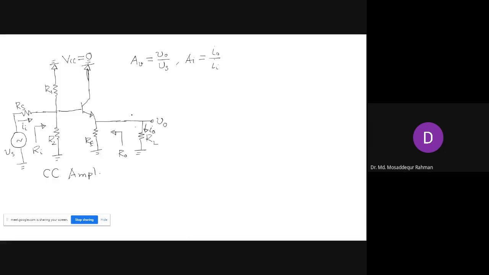We have only AC voltages and currents. But again, we can simplify this circuit. Here R1 and R2, these two are now in parallel. So we can combine these two.